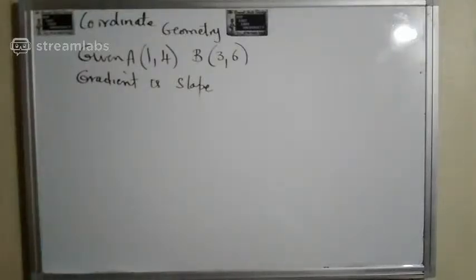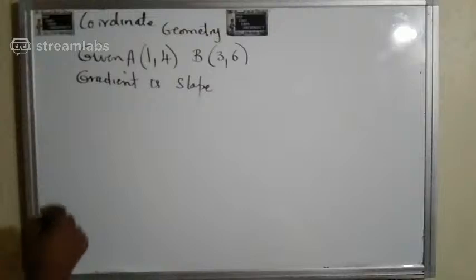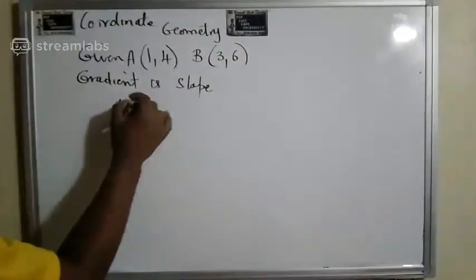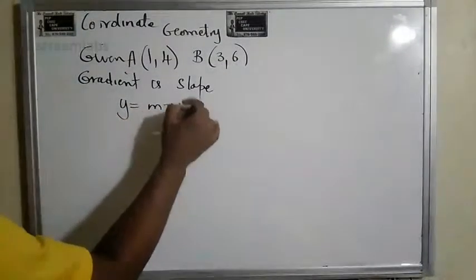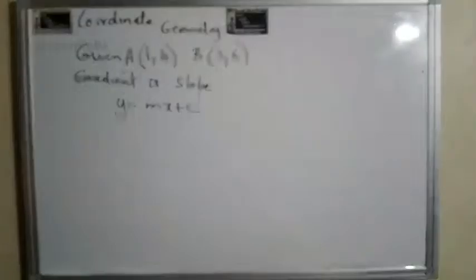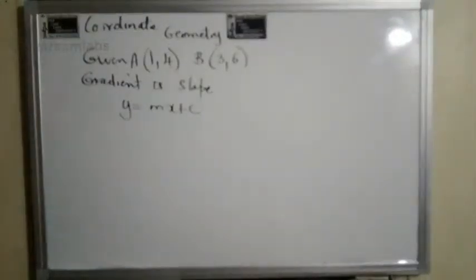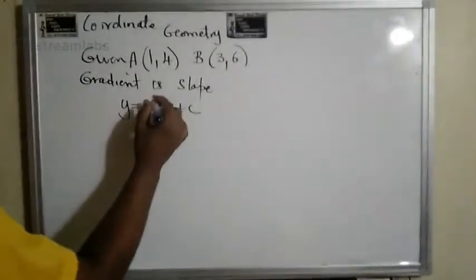In any straight line graph, y = mx + c, m represents, let me just get the red marker, or the blue one, m, right here.